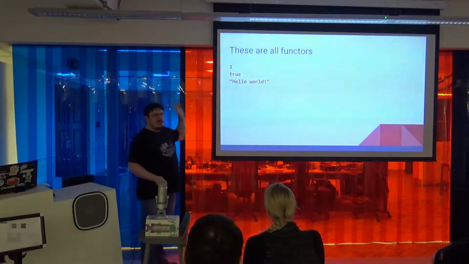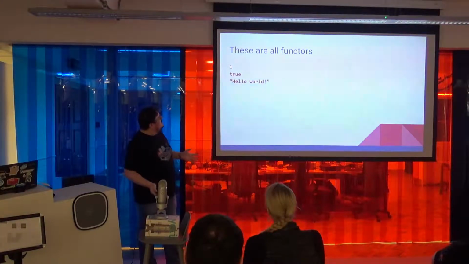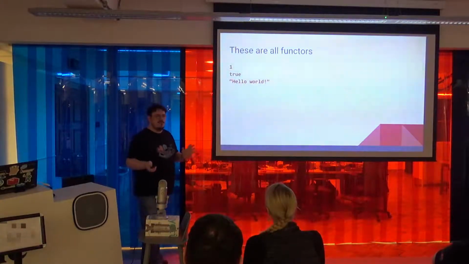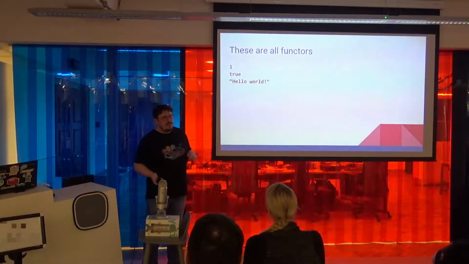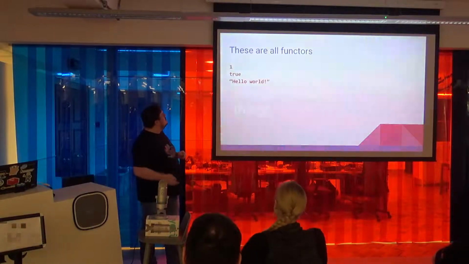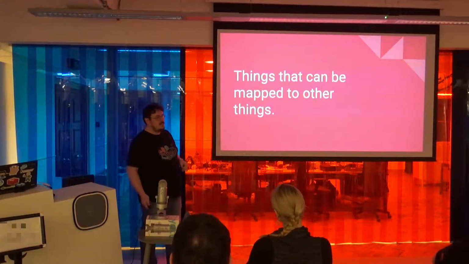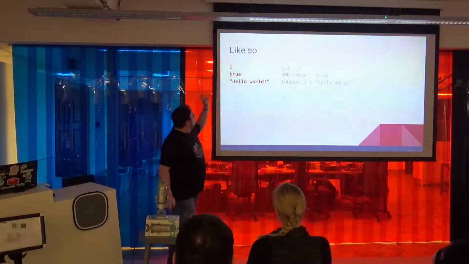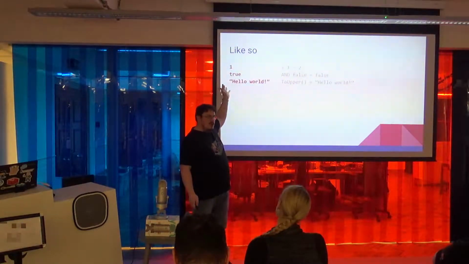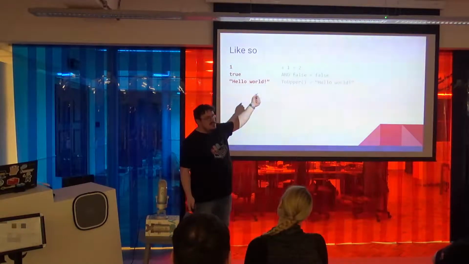These are functors, which might surprise you if you've never looked into what a functor is. You think a functor would be some sort of crazy transformational function. Actually, functors are types. And what makes these functors is that they are things that can be mapped to other things. So, for instance, an integer, 1: if you add another integer onto it, then you've mapped it to another integer.